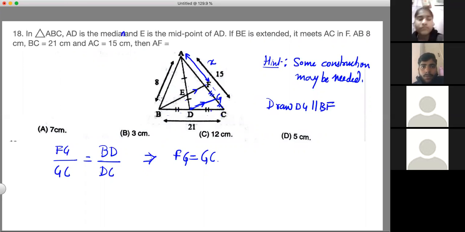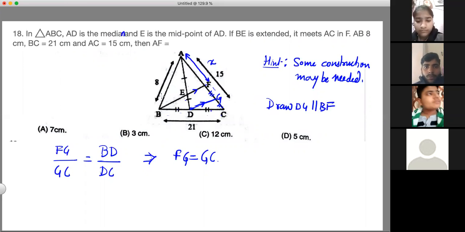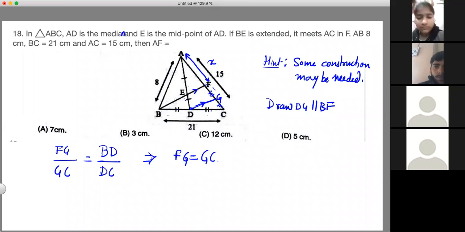So we can write FG as (15 minus X) by 2.